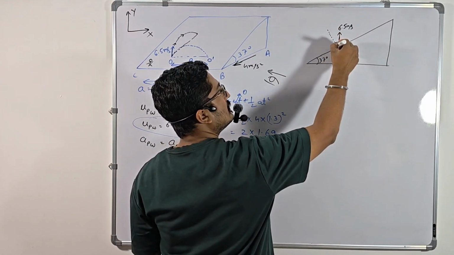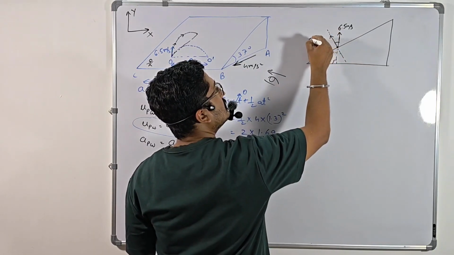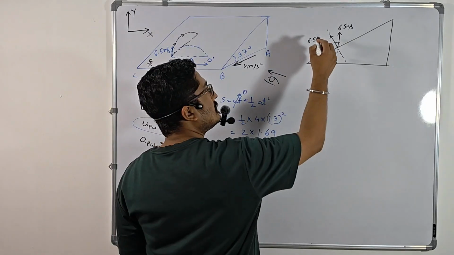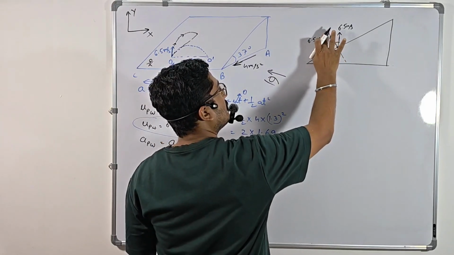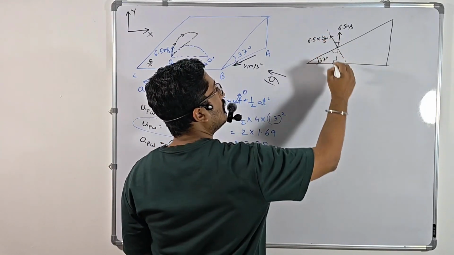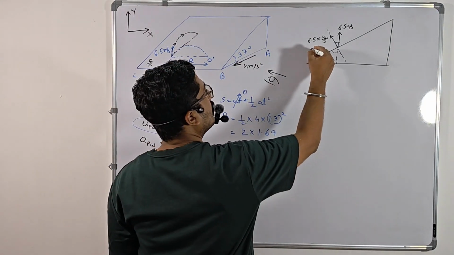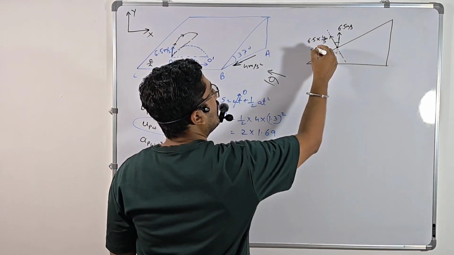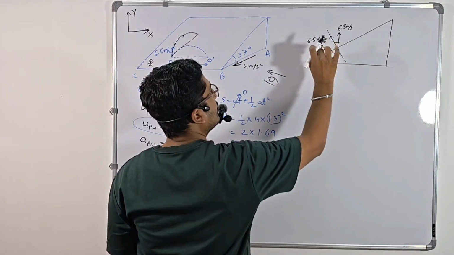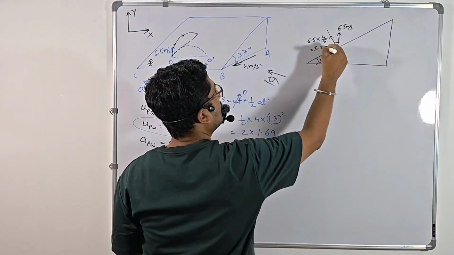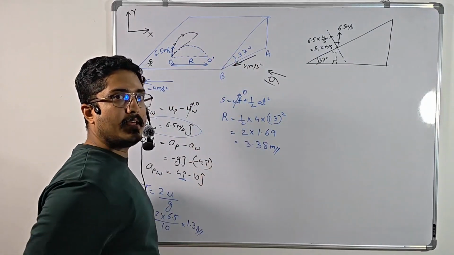If that is 37, then this component will come out to be 6.5 cos 37, and cos 37 is 4 by 5. So this will be 1.3 into 4, which is 5.2. So I'll get the answer as 5.2 meter per second as the velocity in this perpendicular direction.